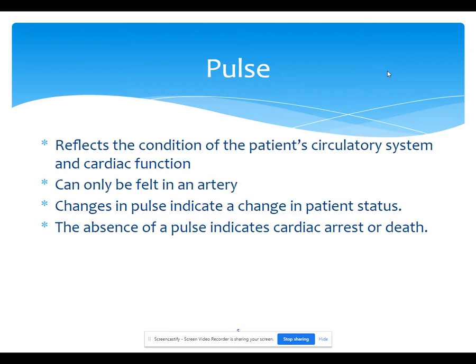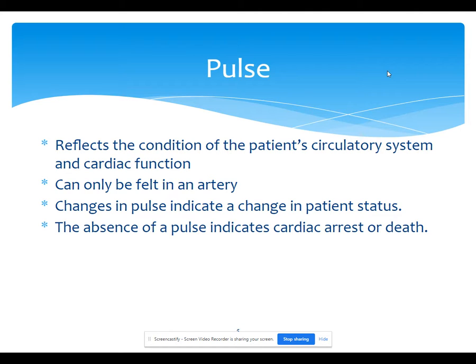The blood passes through the arteries at a quicker rate than the veins because it's being pumped from the heart, and that's why you can feel the pulse in the arteries, not the veins. It's how fast your heart is pumping.